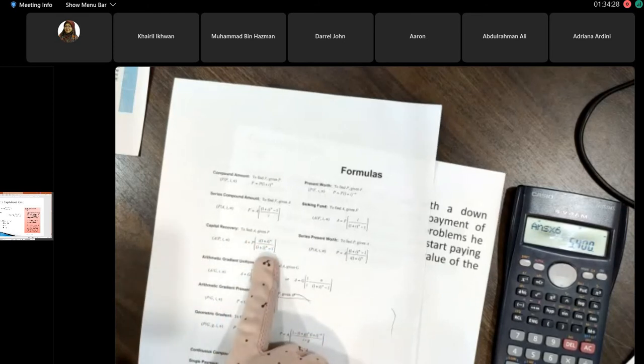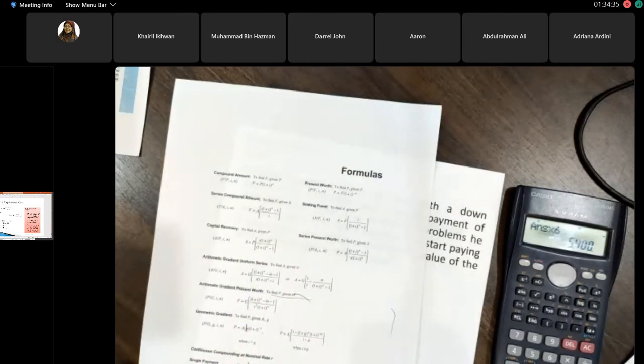Masukkan this value. Okay, then dia kata kalau n equal to infinity, when you put the n here, n is like infinity. So what you get is this one.